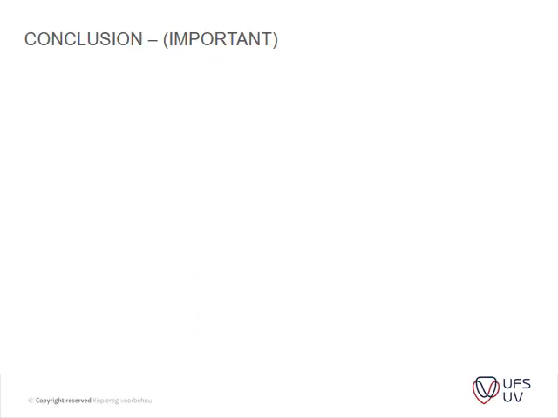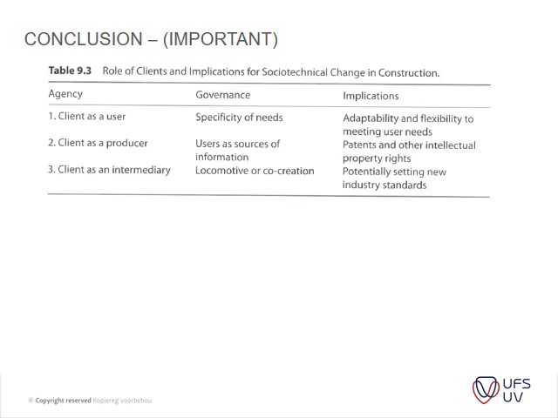Okay, and then in conclusion, we've got this little table which is extremely important for me. You should be able to classify your clients as users, producers, or intermediaries. How do they govern their projects? They specify the needs, or they use users as a source of information, so producers.